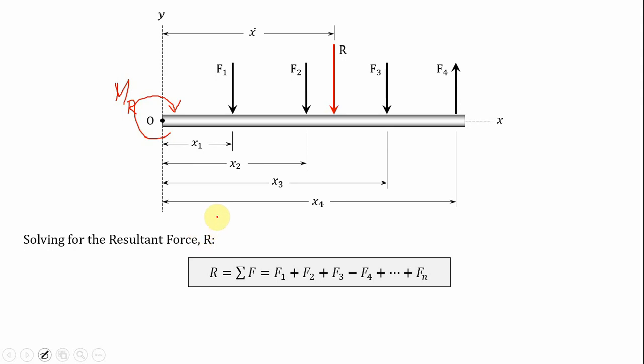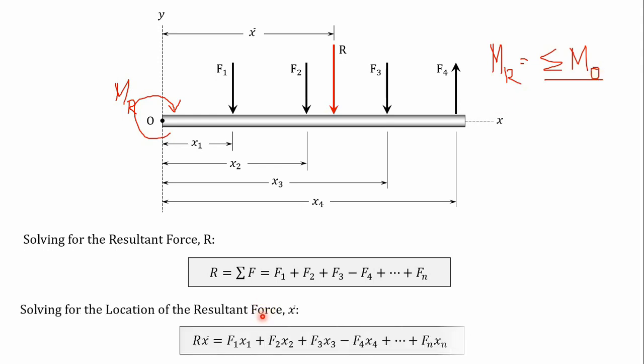Using Varignon's theorem, we can say that MR is equal to the summation of moment at point O. We can simply say that the summation of moment O is equal to the summation of the moments produced by every force. So therefore, class, this is the formula.